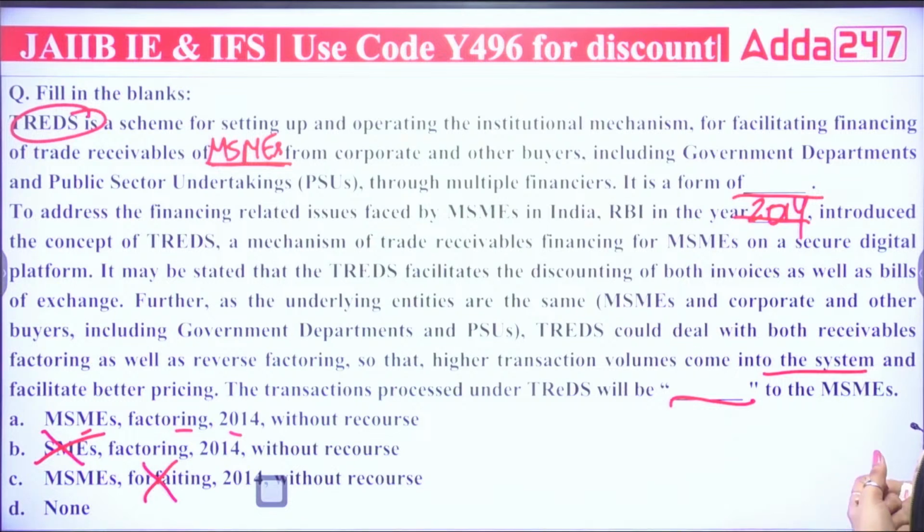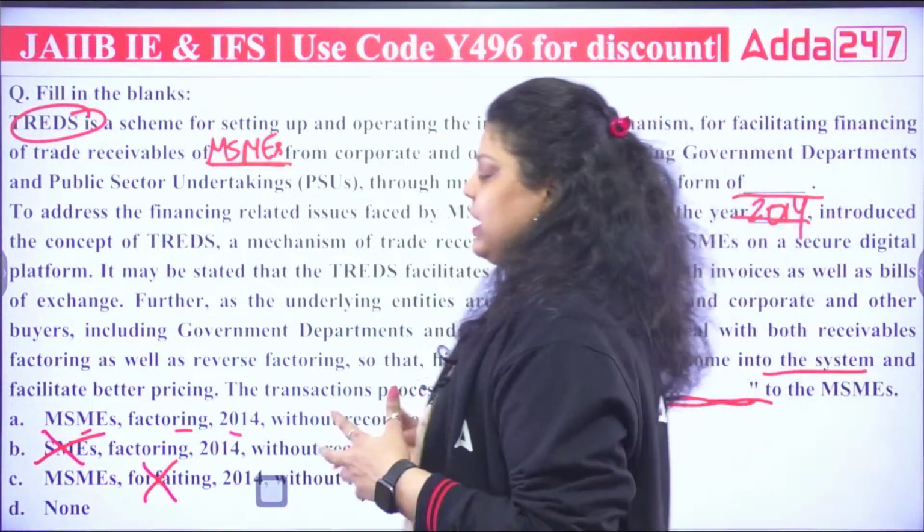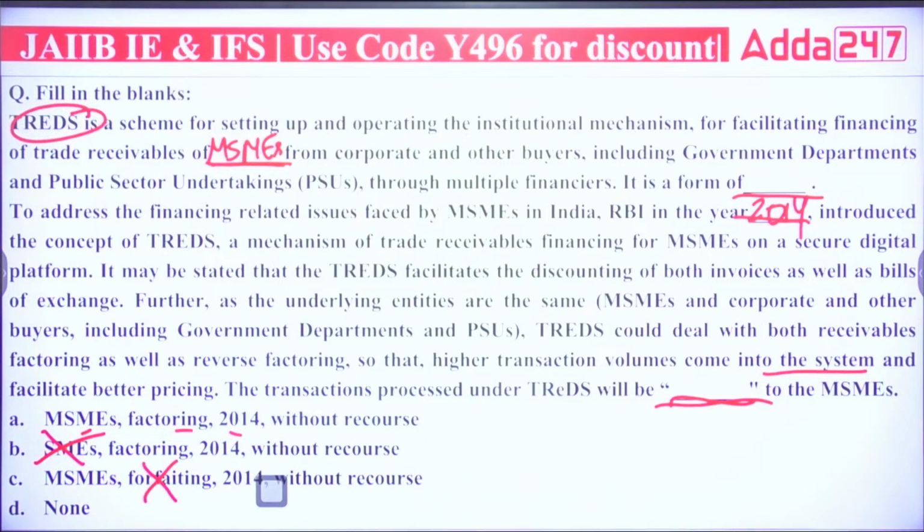The next thing is the transaction proceeds under TReDS will be dash to the MSME. And if you are getting a protection here, it means it's a without recourse facility. So your right answer will be A.